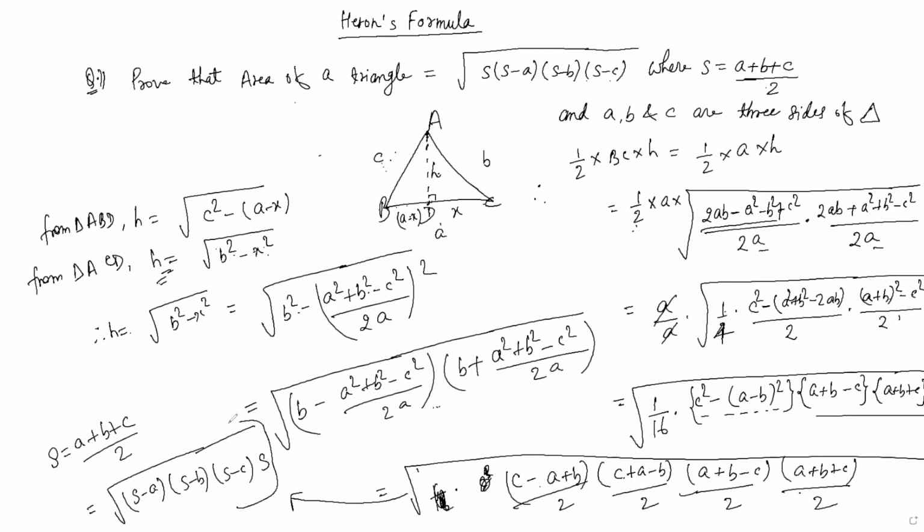So the area of the triangle becomes under root s into s minus a into s minus b into s minus c. This way we can derive Heron's formula.